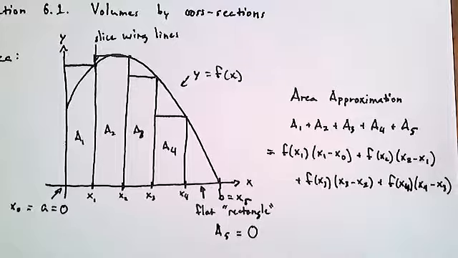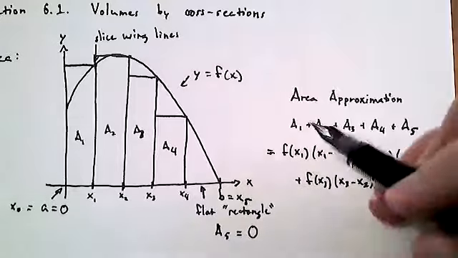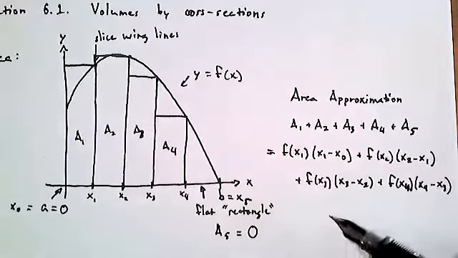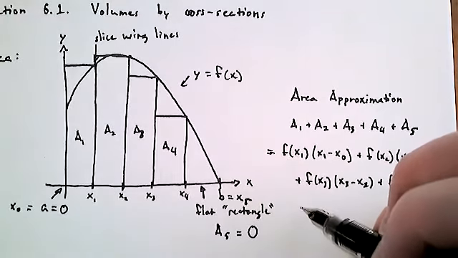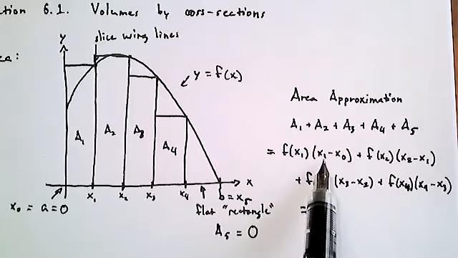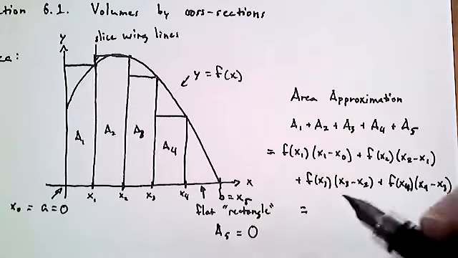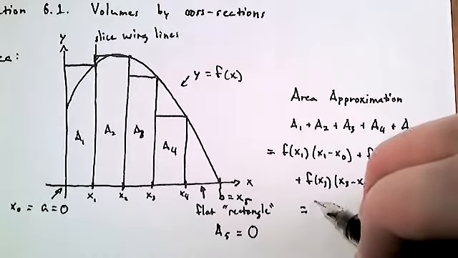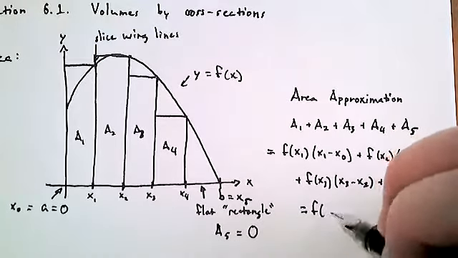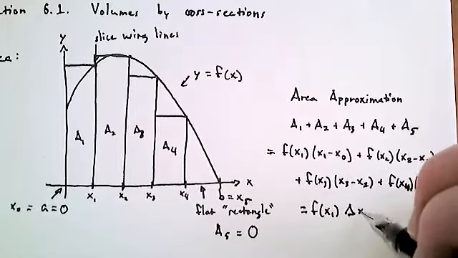Okay, so a little bit more notation. This ties it back to Riemann sums a little bit. Getting a little cluttered, but I guess there's no helping it. This distance, this width between x1 and x0 is usually what we called in calculus delta x1.